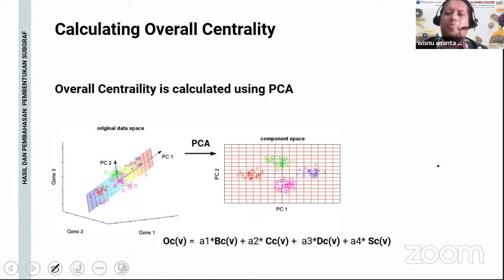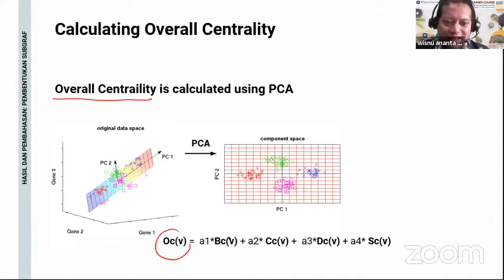Or you can accumulate or consider all of the parameters, like degree, betweenness centrality, and so on, into one value. We call it overall centrality.